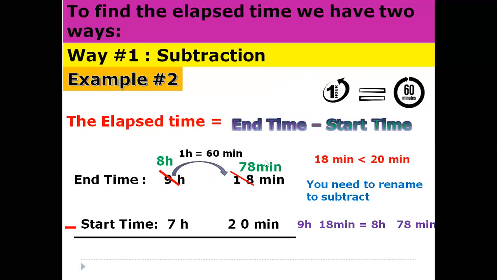Now, since 78 is bigger, we can normally subtract 8 minus 0 is 8, and 7 minus 2 is 5. So we have 52. 8 hours minus 7 hours is 1 hour. So 1 hour and 58 minutes. This is the elapsed time.